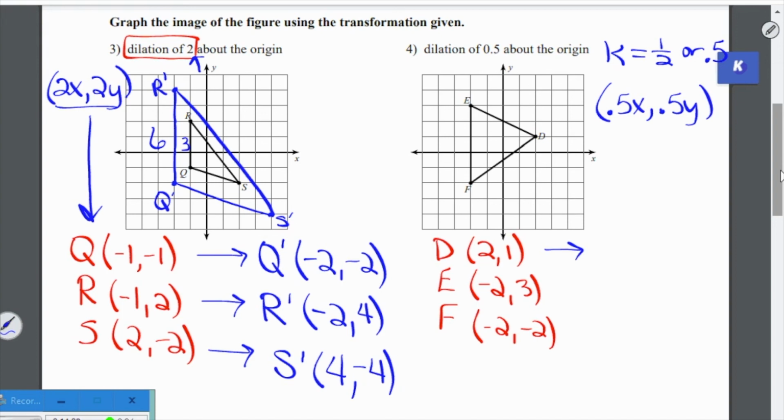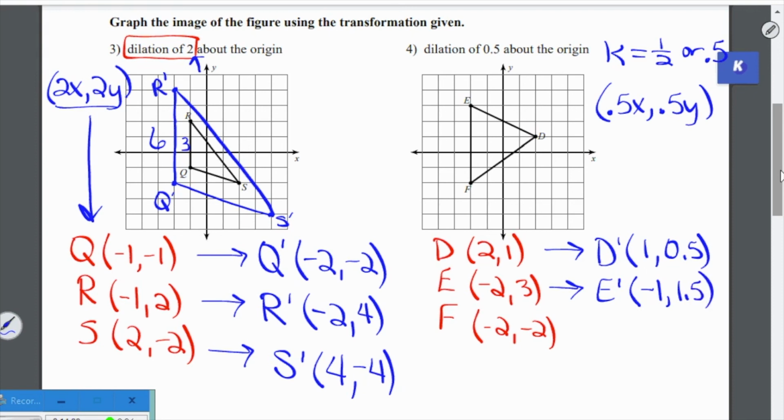So D is going to become D prime, and it will be 1 and then 0.5. And E, 3 is not really divisible by 2, so we're going to say E prime is going to become -1, and then 1/2 of 3 is 1.5.